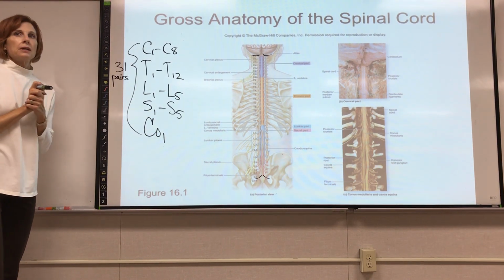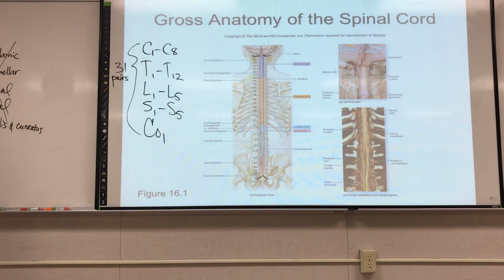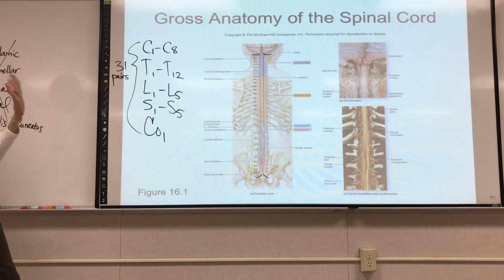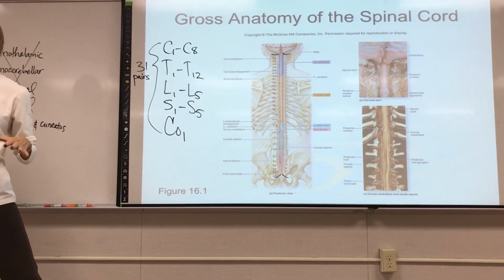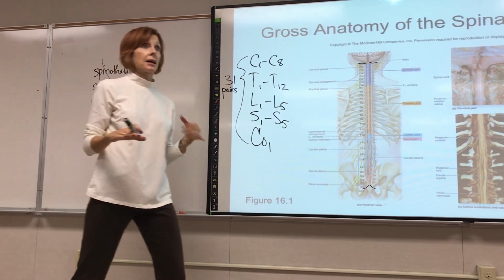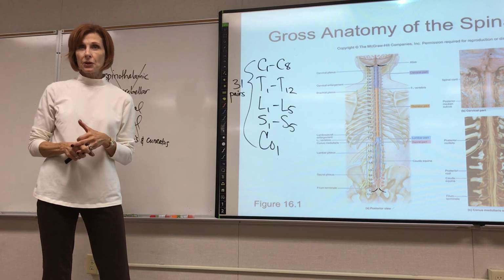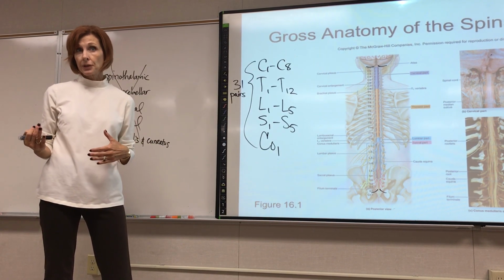So we have not talked about cranial nerves yet, but you will see when we talk about the cranial nerves that some of our cranial nerves are entirely sensory. Some of them are entirely motor, and then some of them contain both sensory and motor neurons, and that's called a mixed nerve.